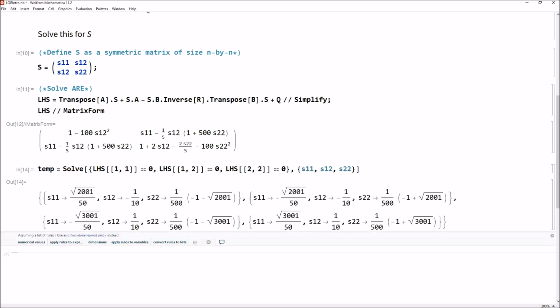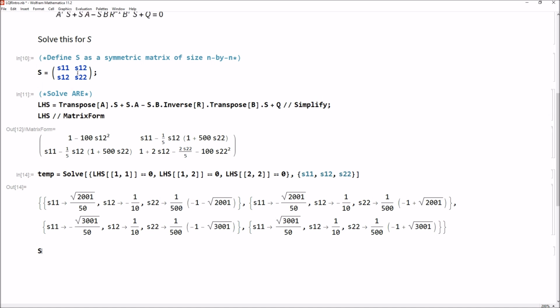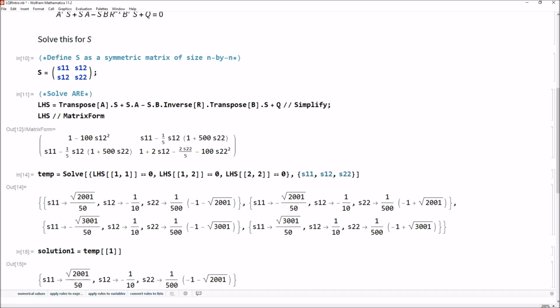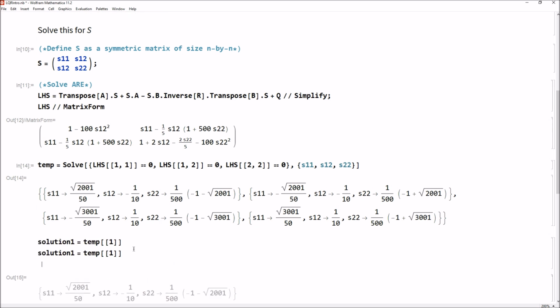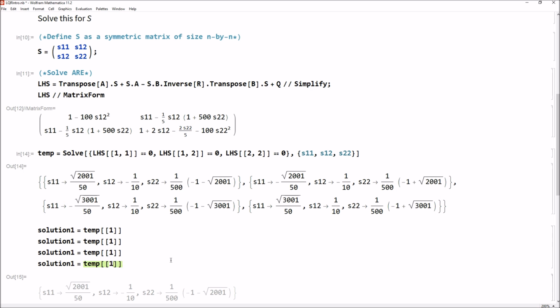We already defined S up here, so let's call this solution 1 gets temp 1. So this is the first set of solutions. Let's do this for all 4 of them: change this to 4, 3, 2, and then solution 2, 3, 4.